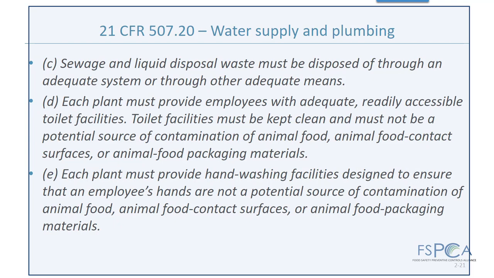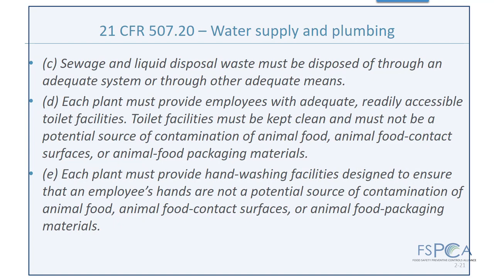Now, I've had a couple of people come through my classes that kind of panic at that bullet point right there, to such an extreme case as one facility was manufacturing animal food and their quote-unquote toilet facilities were in a convenience store across the street from the food manufacturing facility. And that's fine.